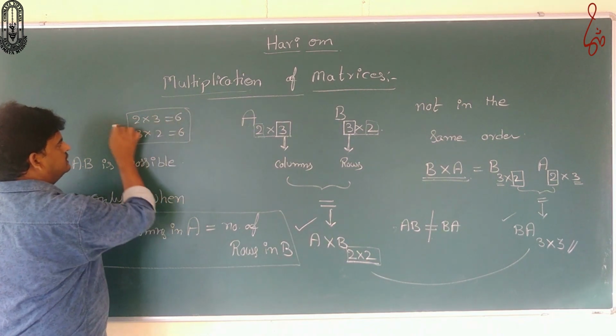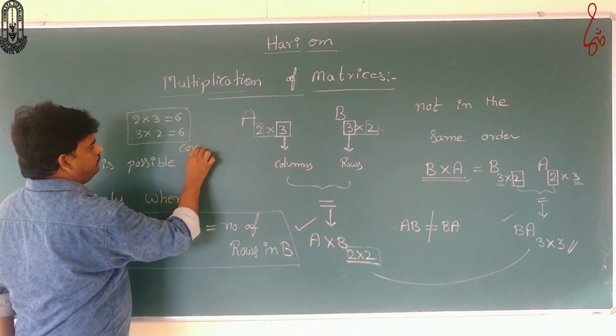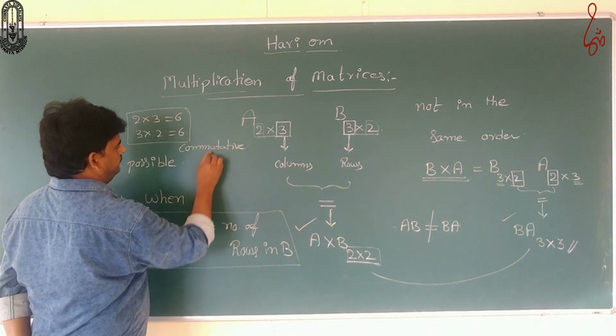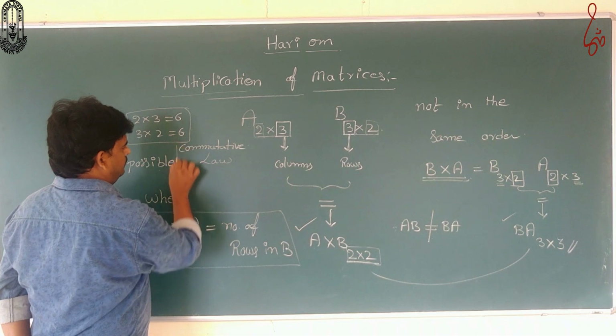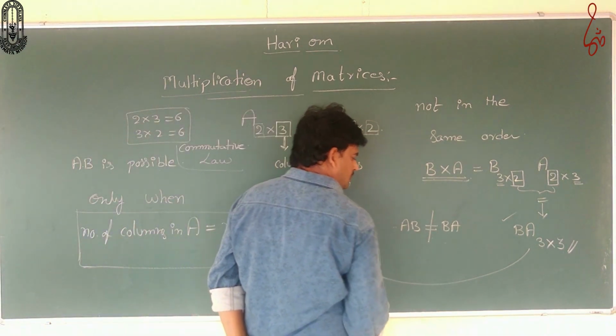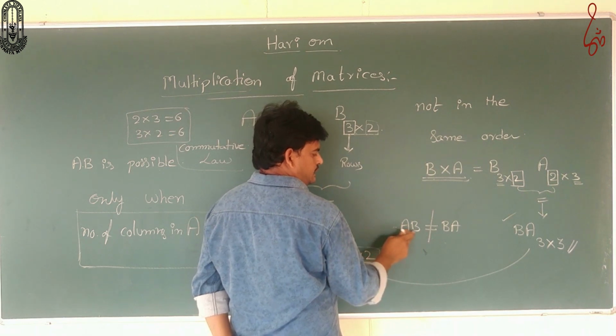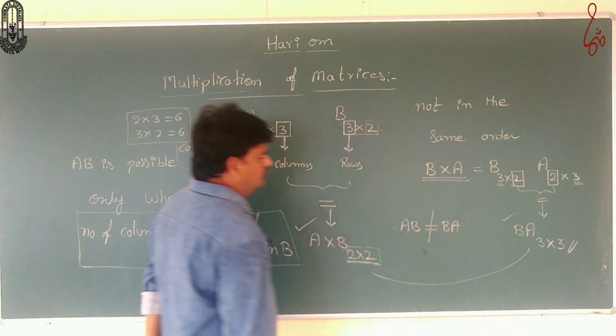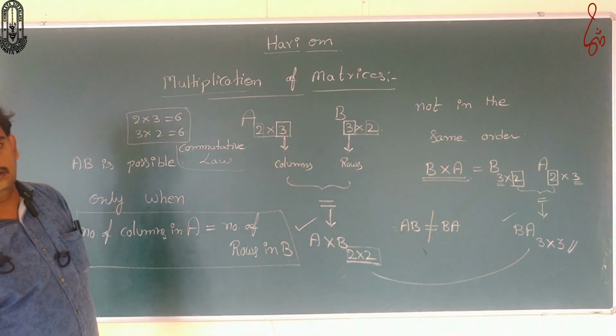Here it is following the commutative law. Whereas here the commutative law is not possible. A into B is not equal to B into A. So the commutative law does not exist.